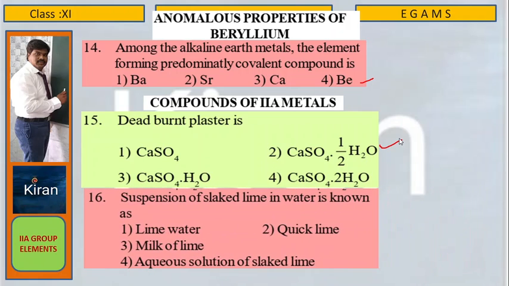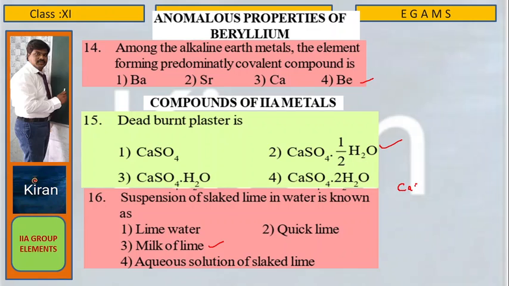Suspension of slaked lime in water is known as what? You should know the formula of slaked lime. What will you get? Lime water, quick lime, milk of lime, or aqueous solution of slaked lime. You have done that in your previous classes in the chemistry lab. Yes, the correct option is the third one, milk of lime. Clearly, I am saying that slaked lime means calcium oxide.